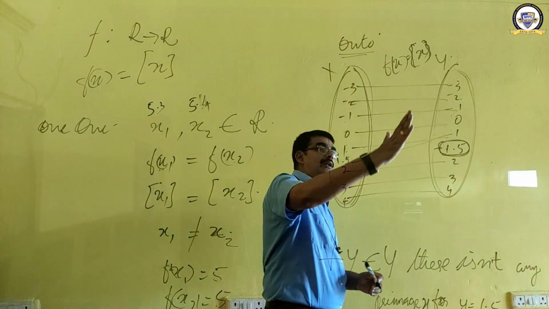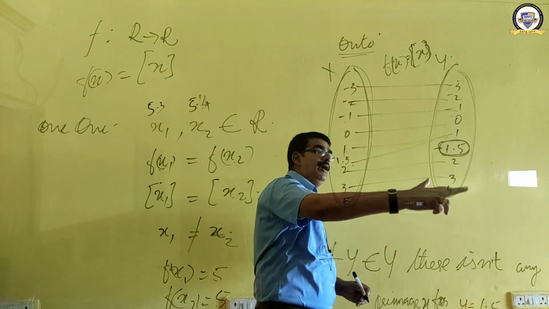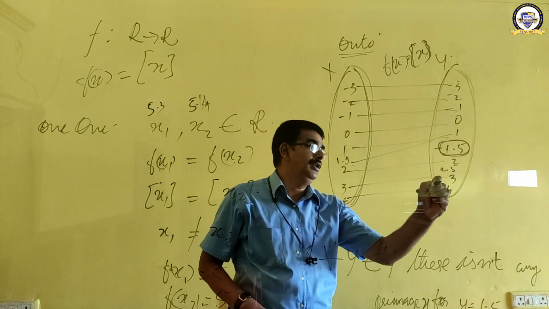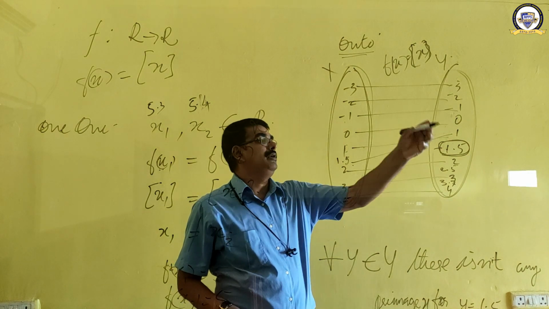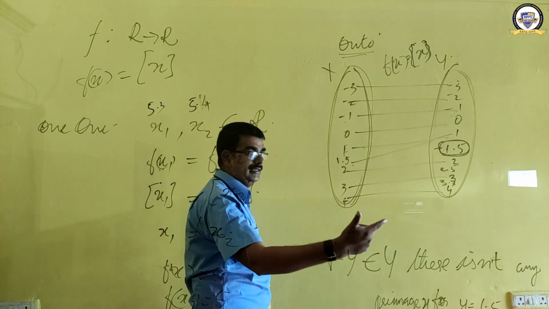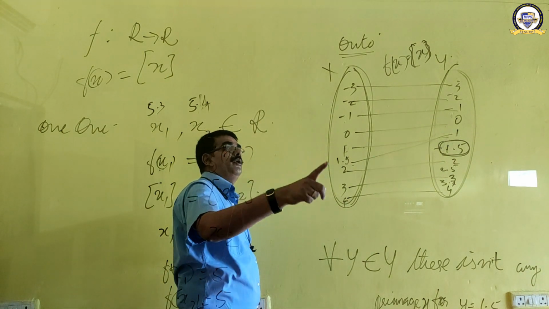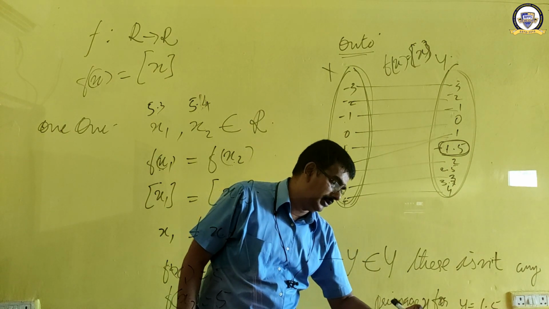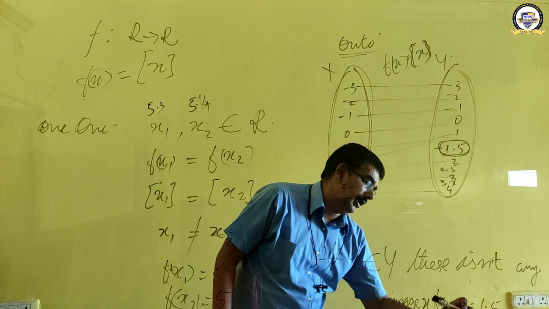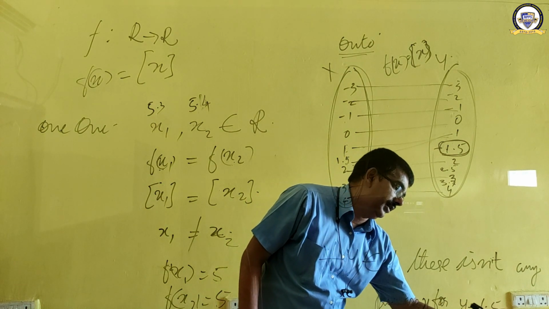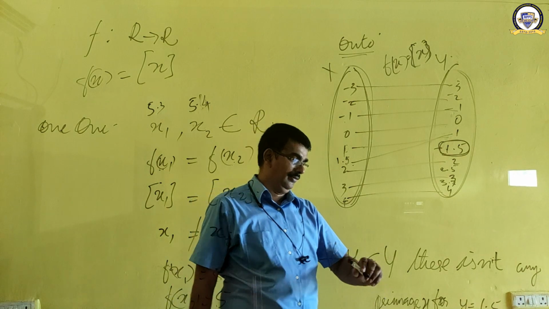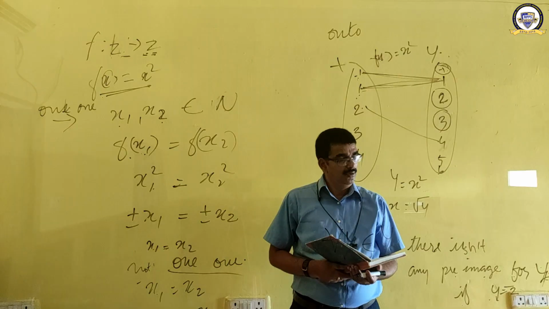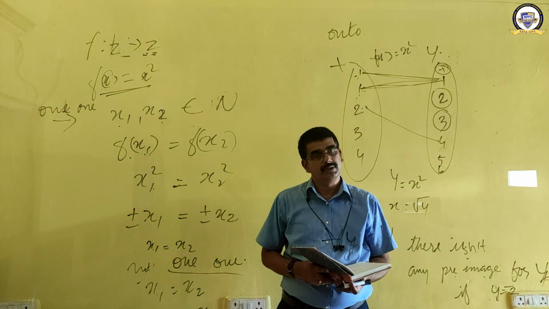The answer will always be an integer, and 1.5 is not an integer. So for 1.5, 2.5, 3.7 and so on, a lot of values don't have any member in the domain. That is why f of x equal to greatest integer x is not onto. Are you clear?